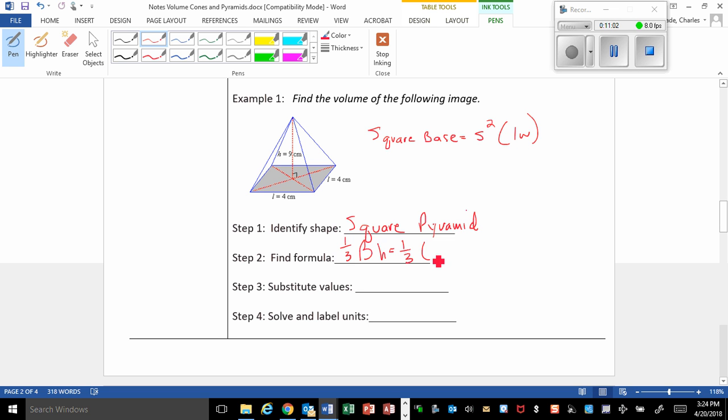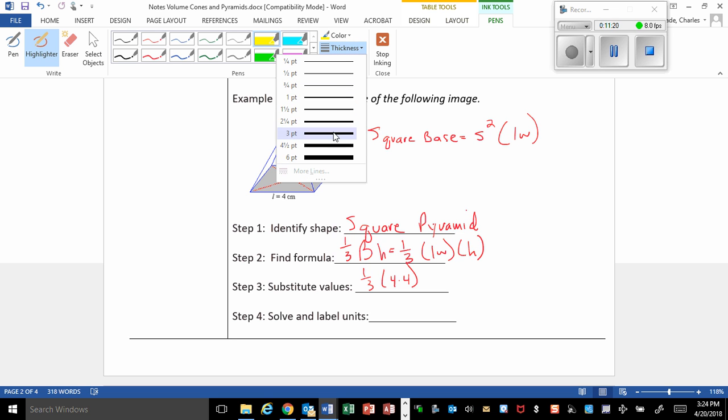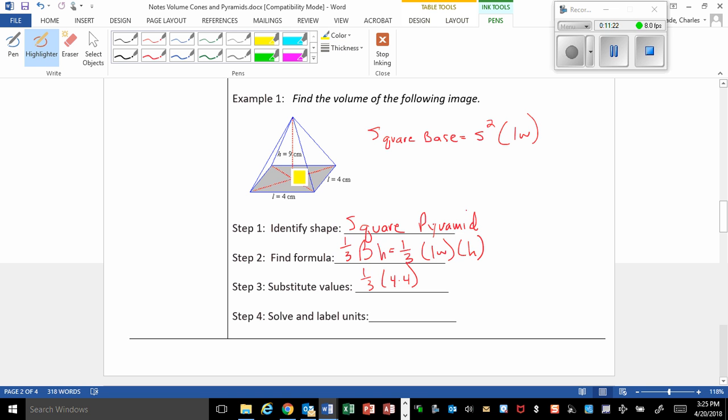So it's going to be length times width times the height. Now we're going to substitute it in. 1/3 is a constant, stays the same. We get 4 times 4. Again, remember the height is here, from the bottom, that is the height.